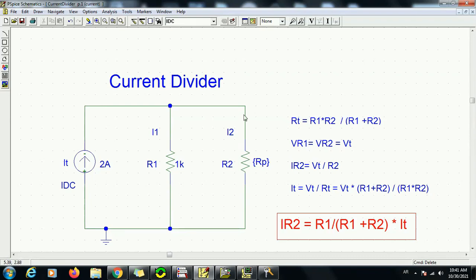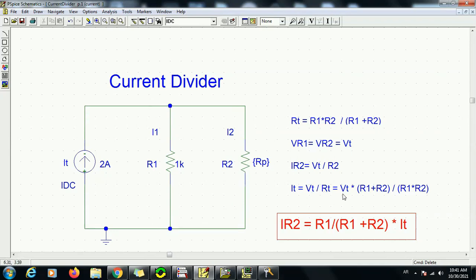The current passing through the resistor R2 is given by Ohm's law, so IR2 is just VR2, or V total, divided by R2. And I total is also given by Ohm's law: it is V total, or VR1 or VR2, divided by the total resistance of these two resistors.